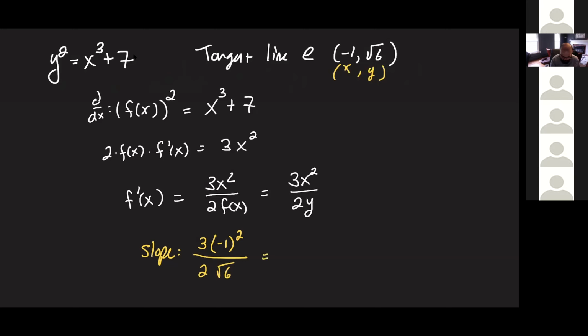Okay, and so -1 squared is just 1, so this is 3 over 2 square root of 6. So putting this together, what I have is a point and a slope. And so we could go ahead and find the tangent line.